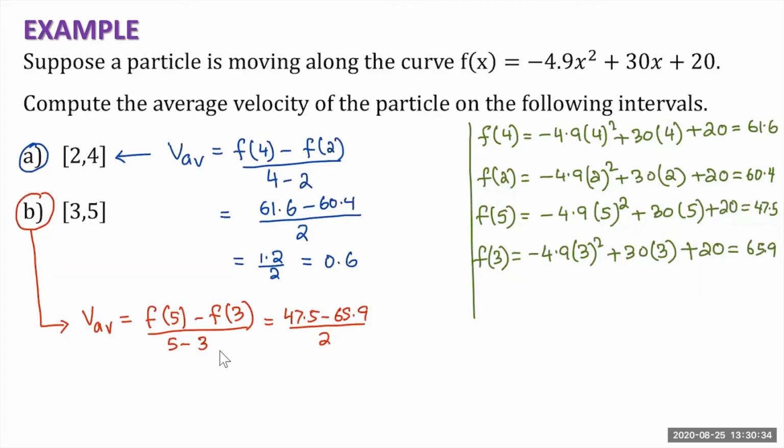Now the difference between 47.5 and 65.9 is negative 18.4, divided by 2. Negative 18.4 divided by 2 is negative 9.2. So negative 9.2 is the average velocity for part B.